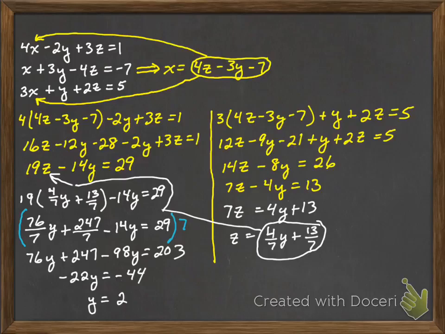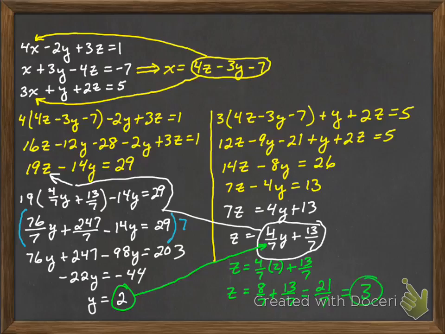So we can now take this 2 and substitute it back in for the y value here, and then solve for z. So now we have 4/7 times 2 plus 13/7. So z is equal to 8/7 plus 13/7, which is 21/7, and that is equal to 3. Now we can go back up to our original problem up here, and where we solved for the x.